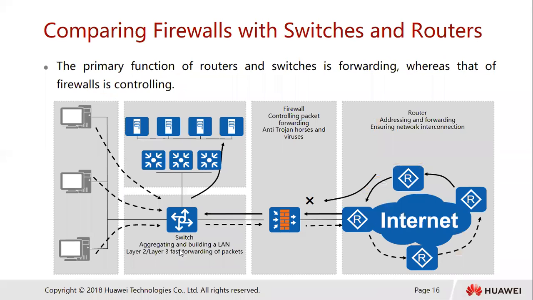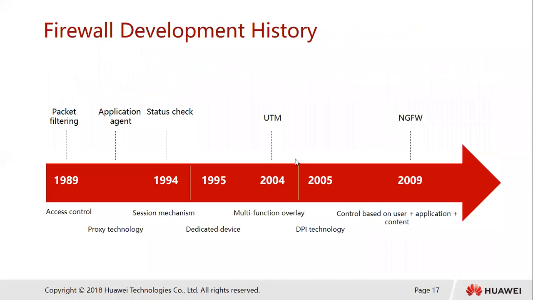The purpose of the switch is forwarding information, and for the firewall it is controlling the traffic, and for the routers it is forwarding.